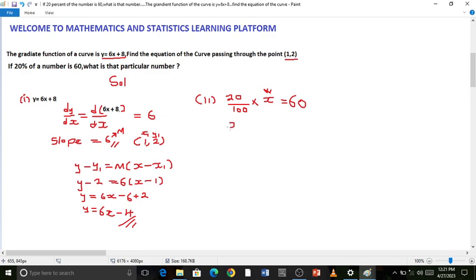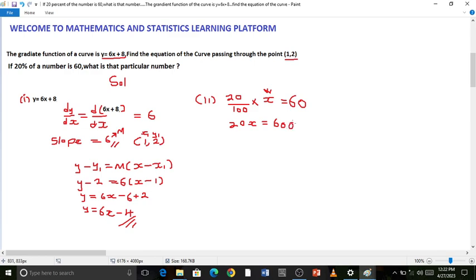That equation gives us 20x. Let me do it step by step. When you multiply, 60 times 100 gives you 6,000.